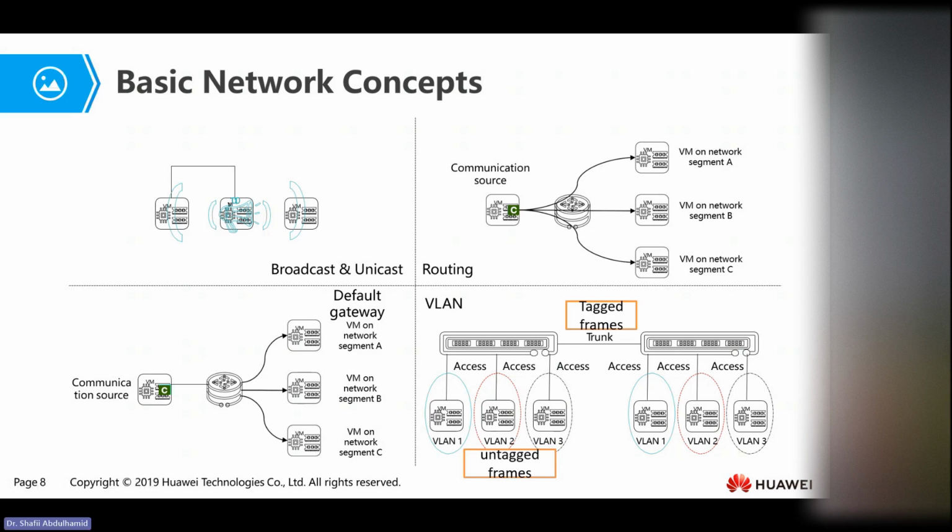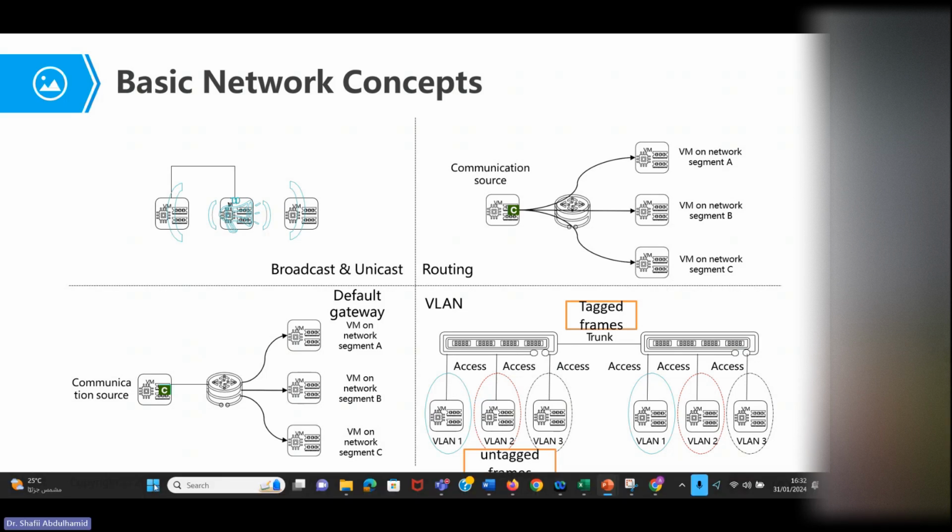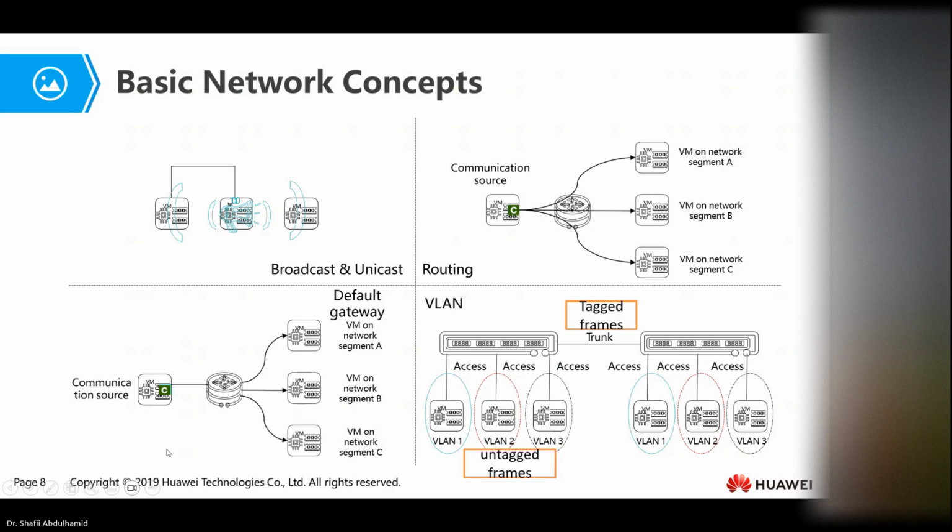Now, an untag frame is a frame that is being received by a virtual machine from a switch. This is how the communication goes. You have a virtual machine here within a VLAN. Let's say the VLAN is created for one department, let's say the IT department.